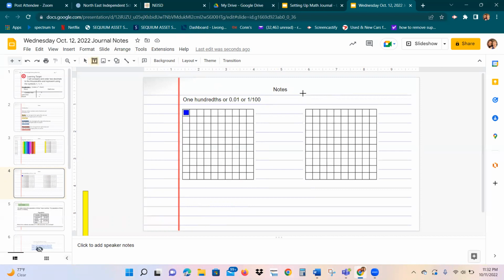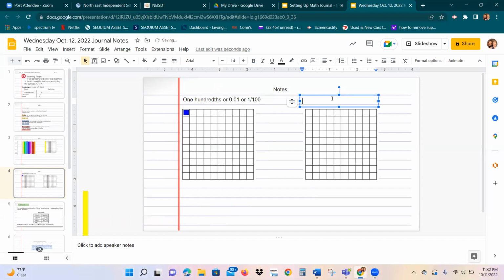So then over here, on this last one, what do you think we're going to have? Absolutely. It's 1/1000ths, or decimal point for the whole number, no whole numbers. 0 and then decimal point, 0 for the tenths, 0 for the hundredths, and I'm putting in a 1 to represent the thousandths place value, or 1 out of 1,000.